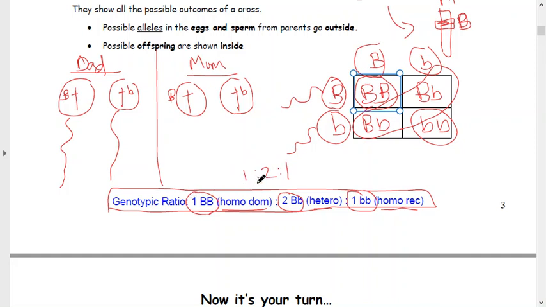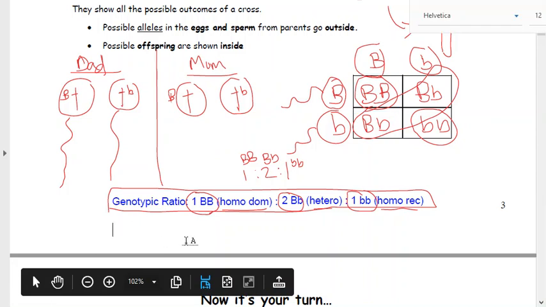If you wrote 1, 2, 1, you would receive partial credit because you haven't told me that the 1 here is homozygous dominant, that the 2 is heterozygous, and that the 1 here is homozygous recessive. So it would be correct, but it would be incomplete. So just make sure you include the entire genotypic ratio.